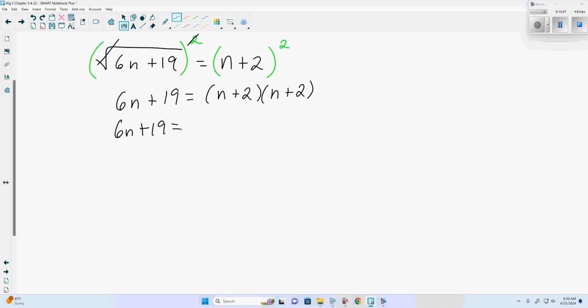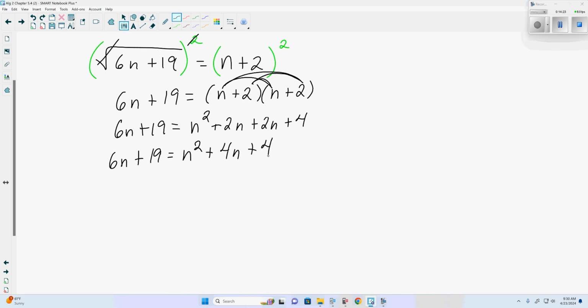Now when we distribute this here, we'll get n squared plus 2n plus 2n plus 4. It's a lot of 2's, a lot of n's. So 6n plus 19 is equal to n squared plus 4n plus 4. Questions on how we got to this point?